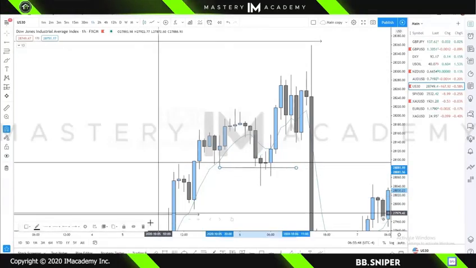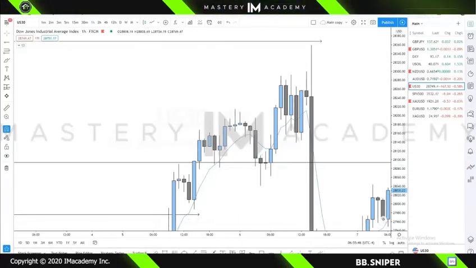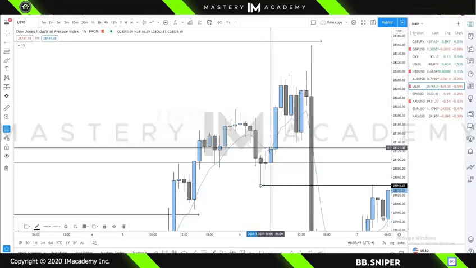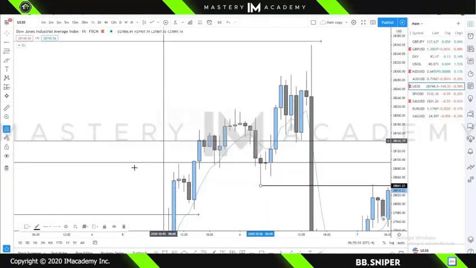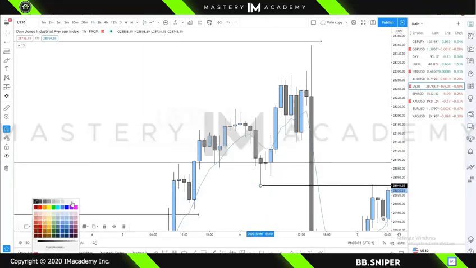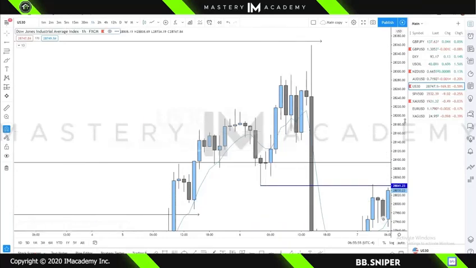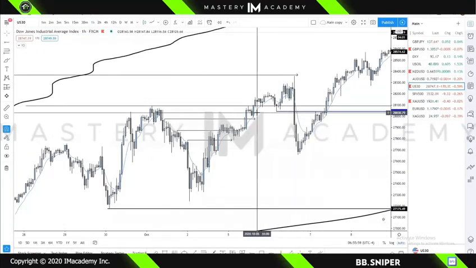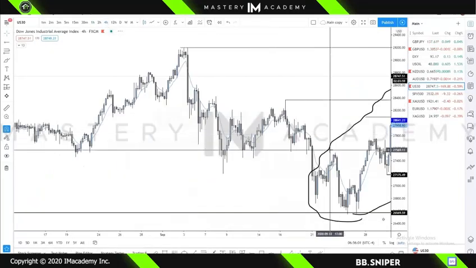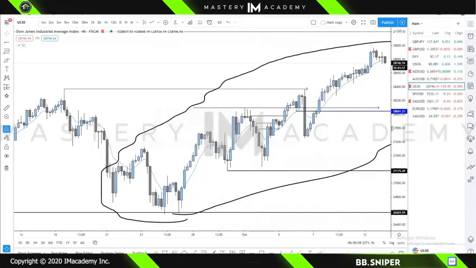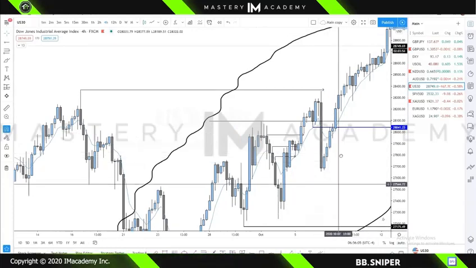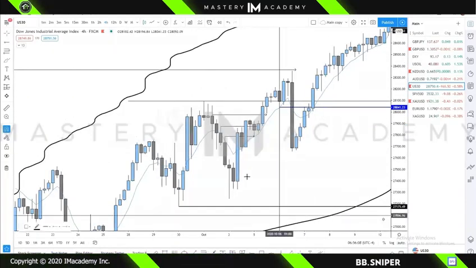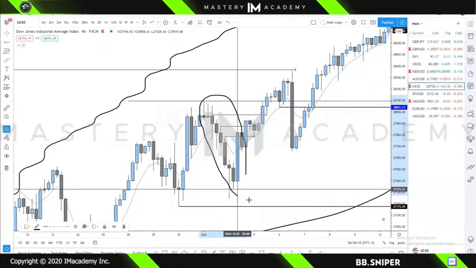Right. It makes sense though, because if we mark the low of this 1 hour, I'm actually going to make this blue this time. So this will be the last example. We mark the low of that 1 hour. And then we go to the 4 hour. We can see that this is the previous 4 hour retracement.